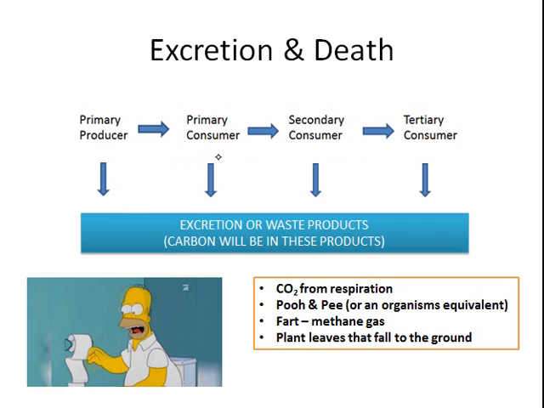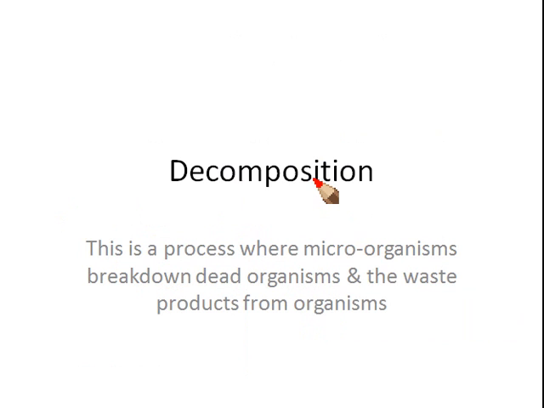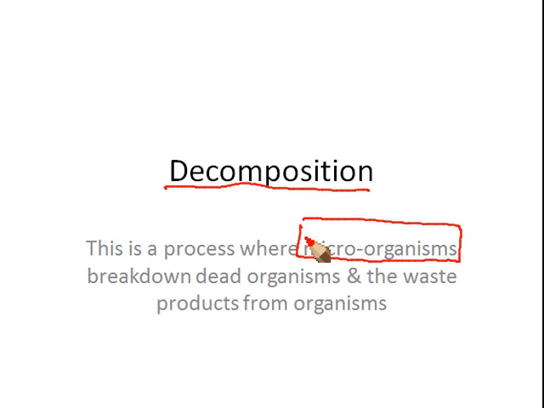Of course, all these organisms at some point in their life cycle will die. So what we have is a pool of carbon in terms of dead organisms and waste material. What happens to that? Well, if the dead organisms and waste material aren't eaten by other organisms scavenging for them, then that material is decomposed, and the decomposers are microorganisms, bacteria and fungi.